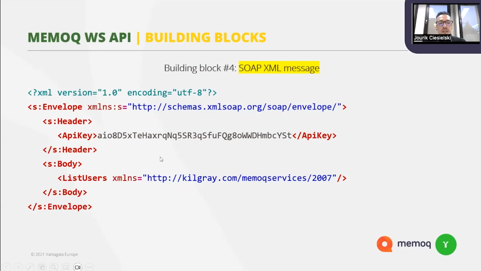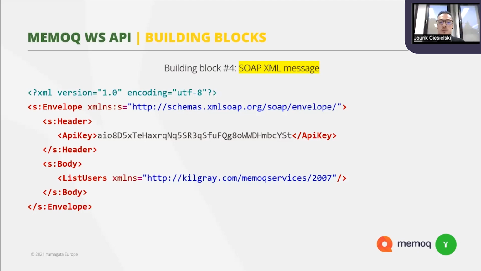And then I have a body element, and inside the body element, I'm supposed to use the elements from the custom XSD that are provided by memoQ, right? So in this case, I can use this SOAP XML body to execute an API call that lists all the users on my memoQ server.